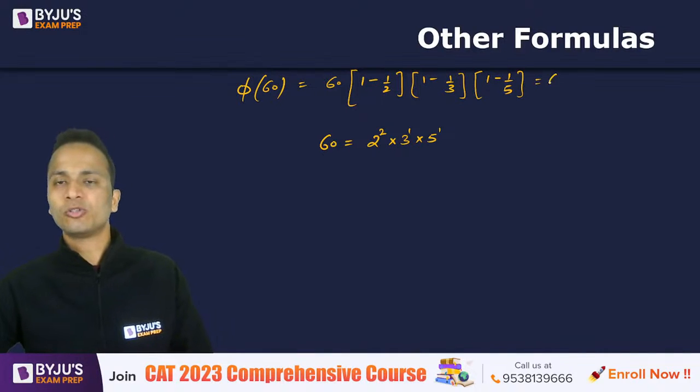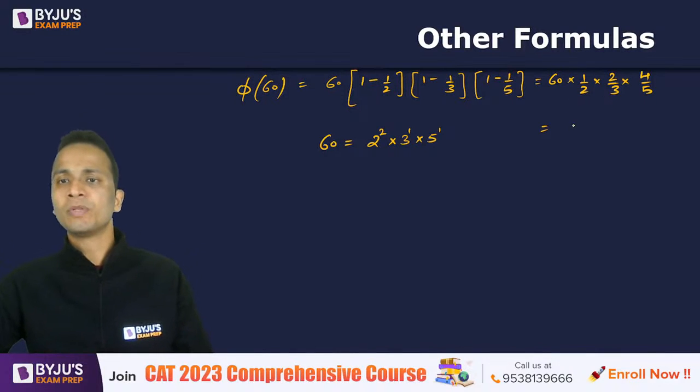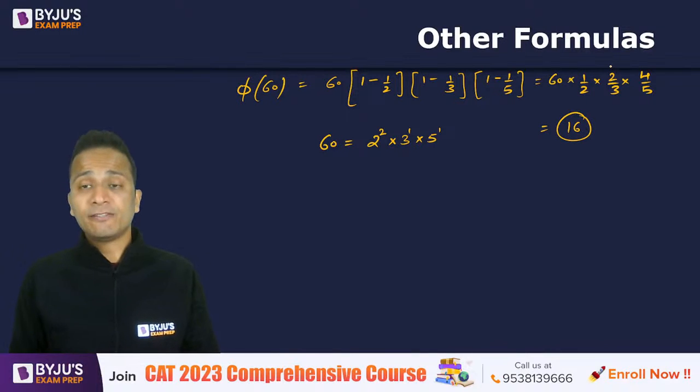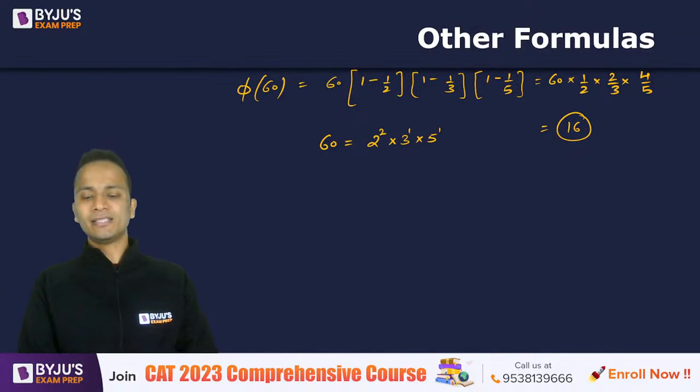So 60 into 1 upon 2 into 2 upon 3 into 4 upon 5 will be phi of 60. Now simplify this. We'll get 4 into 2 into 2, that is 16. So 16 will be the correct answer. There will be 16 numbers which are coprime to 60 and are less than 60.